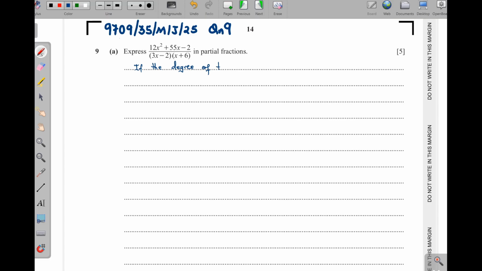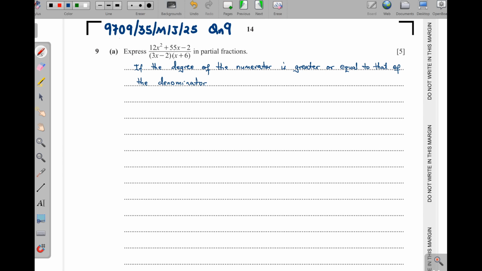If the degree of the numerator is greater than or equal to the degree of the denominator, this fraction is improper, so you have to make it proper.